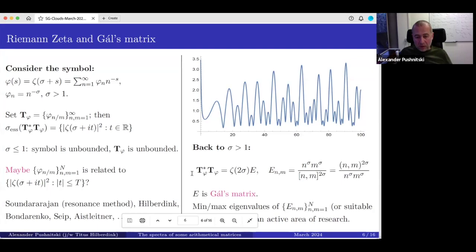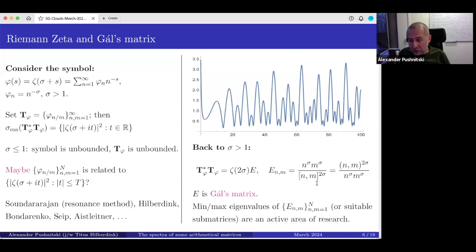Now, when you do this, I want to get back to this GCD LCM matrix. So let's, for a second, go back to sigma greater than 1, when this series converges and all these operations are completely legal. Then you can compute T star T, you get some constant, and then you get this matrix E, which is precisely this weighted LCM GCD matrix.